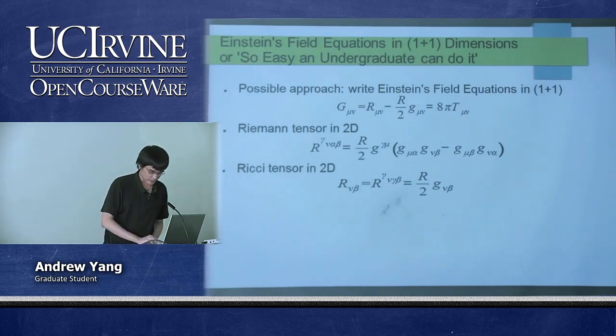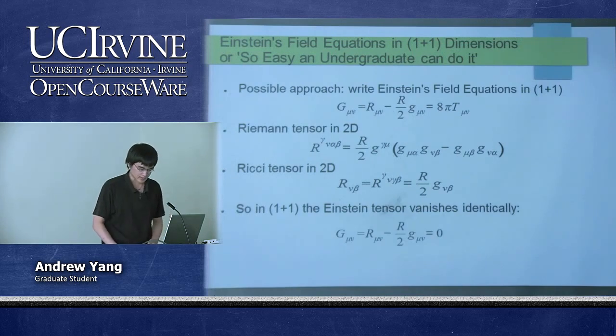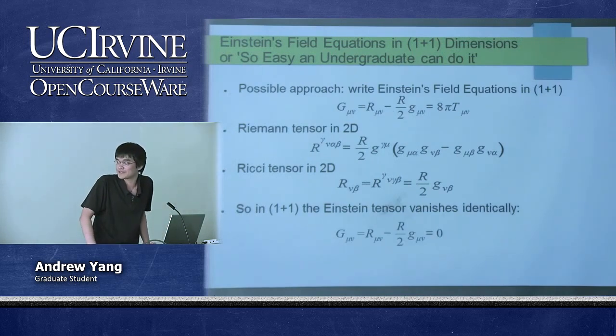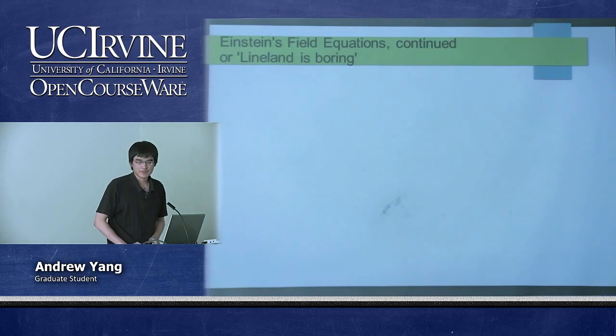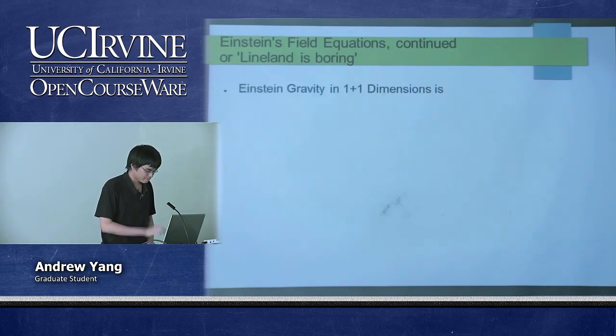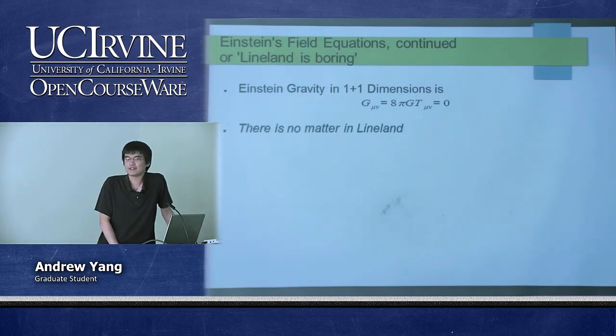And when we do that, we realize that in 2 dimensions, the Einstein tensor vanishes identically. It's 0. So what does that mean? Well, it means that lineland is kind of boring, because if we remember the Einstein equation, this just tells us that the energy-momentum tensor vanishes identically. So there is no matter in lineland.